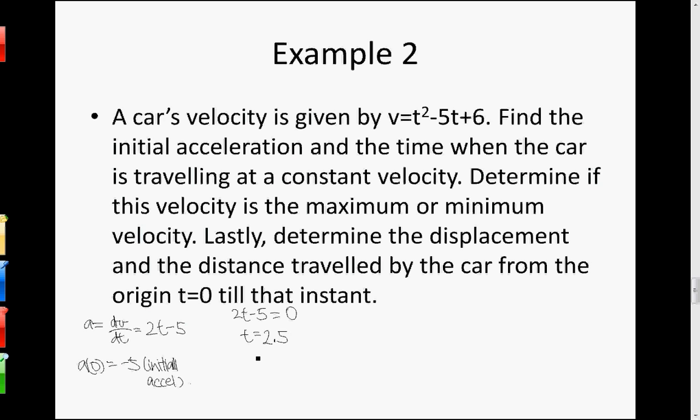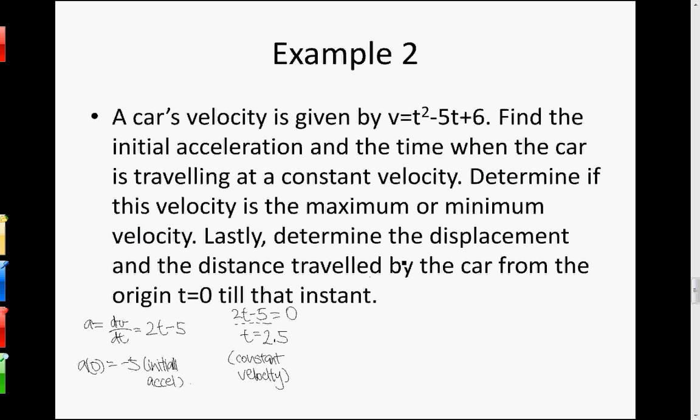So this is the time where the car is traveling at constant velocity. Because at constant velocity you do not accelerate, you do not decelerate. So therefore acceleration equals 0. And this is our acceleration relationship.